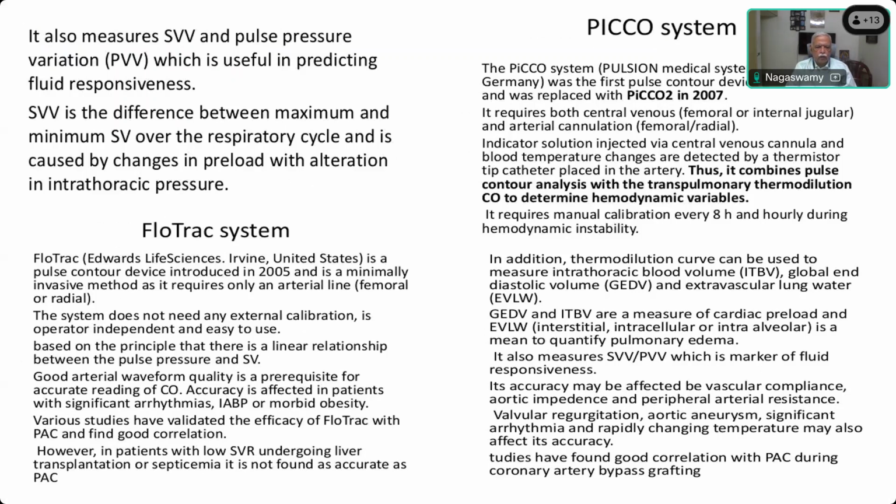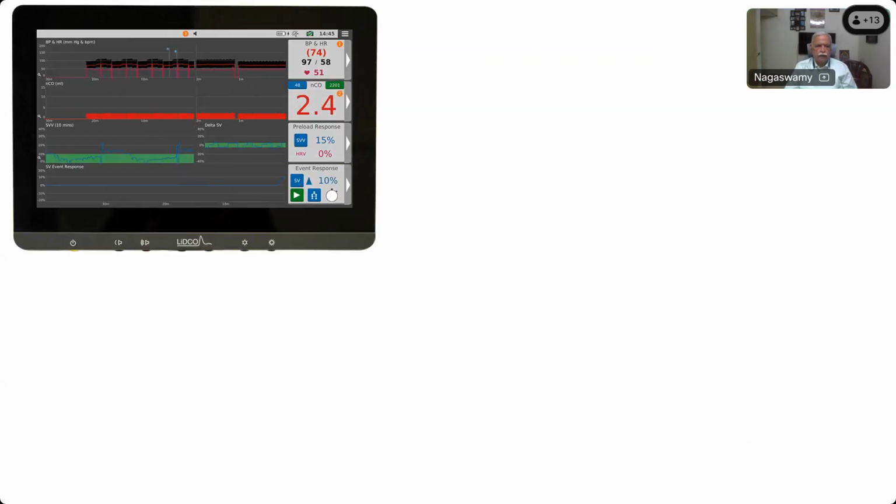In patients with low SVR undergoing liver transplantation or in septicemia, it is not found to be as accurate as the pulmonary artery catheter. So that is why the pulmonary artery catheter is still considered the gold standard, because it measures everything at the heart level itself.